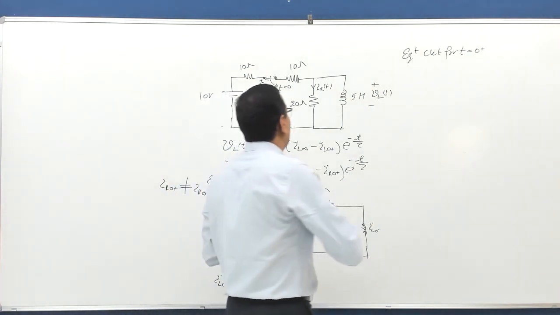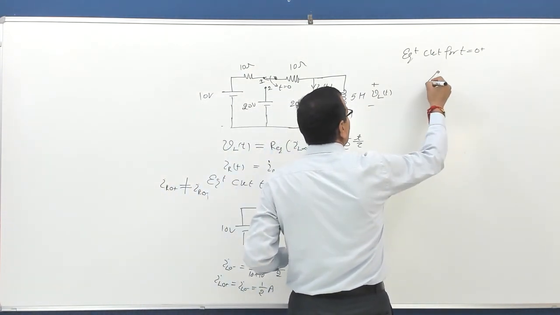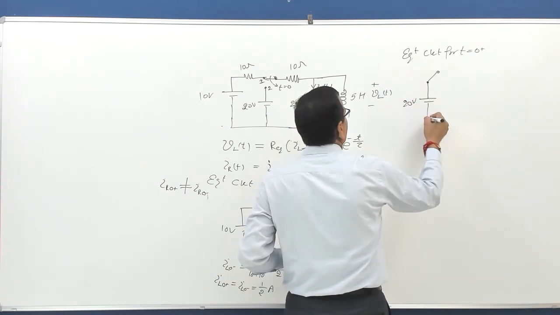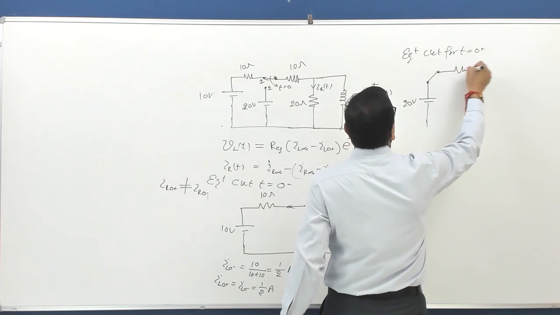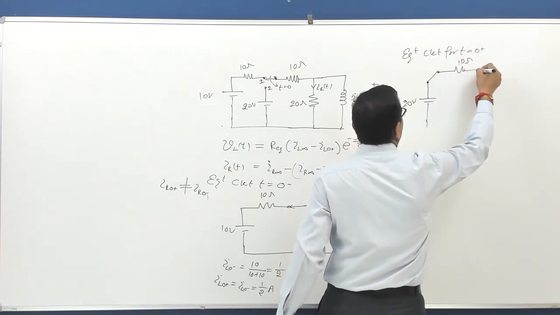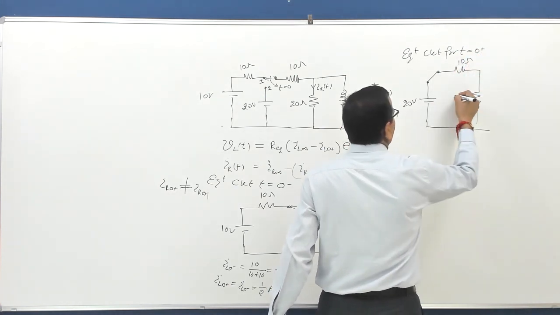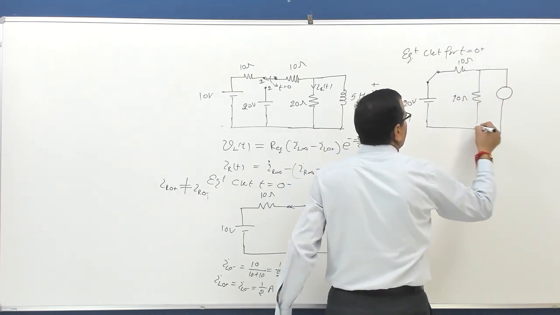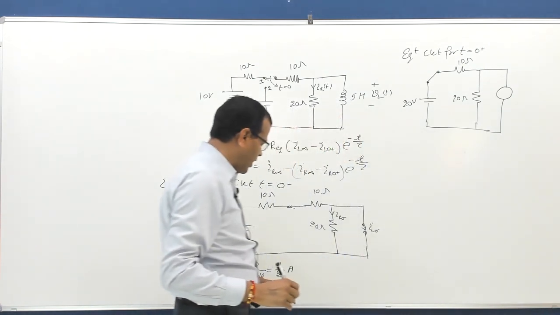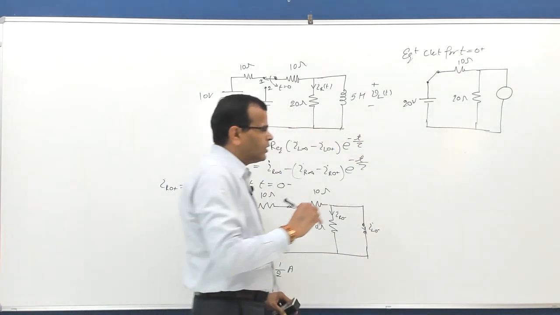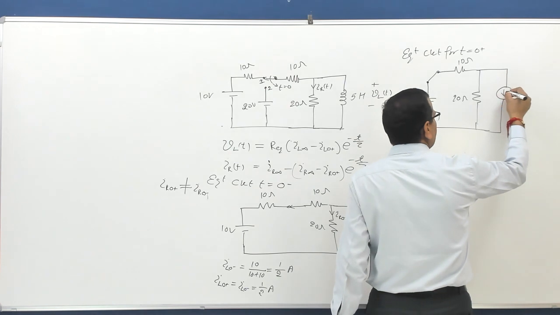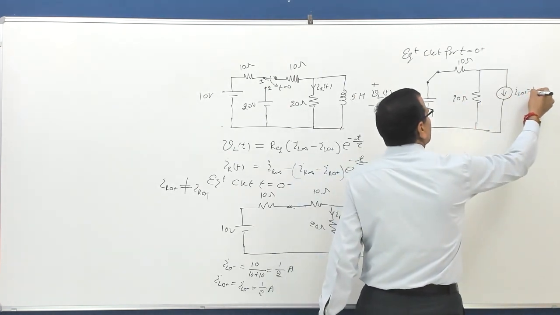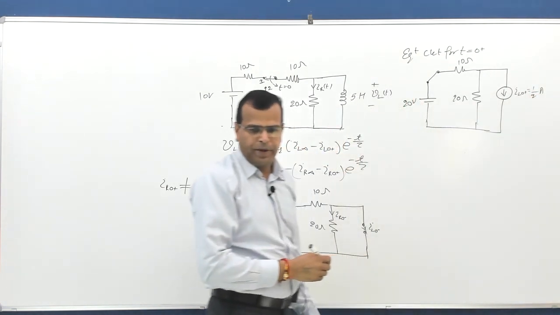So the equivalent circuit for t equal to 0 plus will be, the switch will be at position 2, the voltage source of 20 volt, resistance, of course 10 ohm, you know from the circuit, then the resistance of 20 ohm, then the inductor, and I told you to replace the inductor by the current source of value equal to IL 0 minus or 0 plus, that is same thing. So IL 0 plus, and that is 1 by 2 ampere.